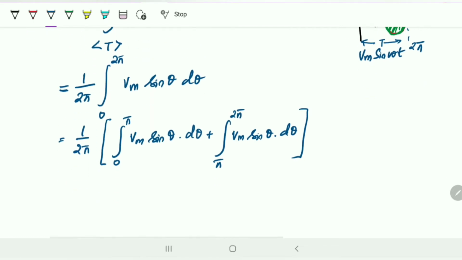But it is very clear that during the second half cycle there is no conduction, the voltage does not appear, so this term becomes 0.